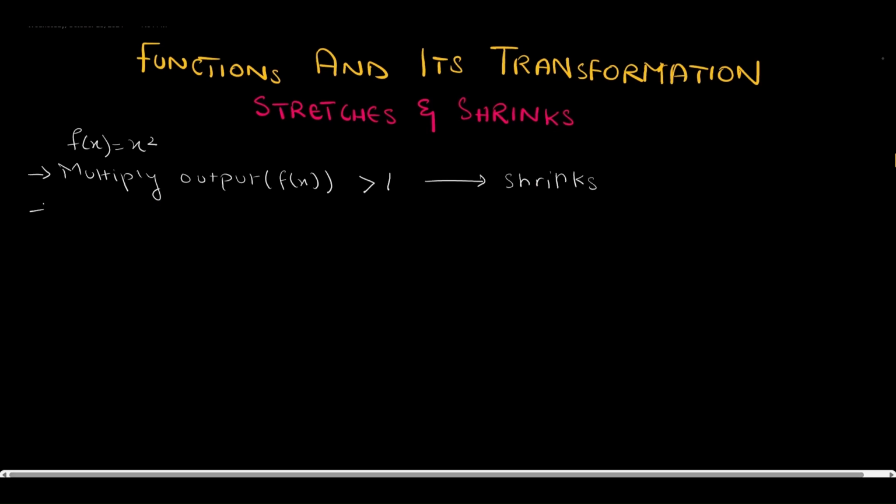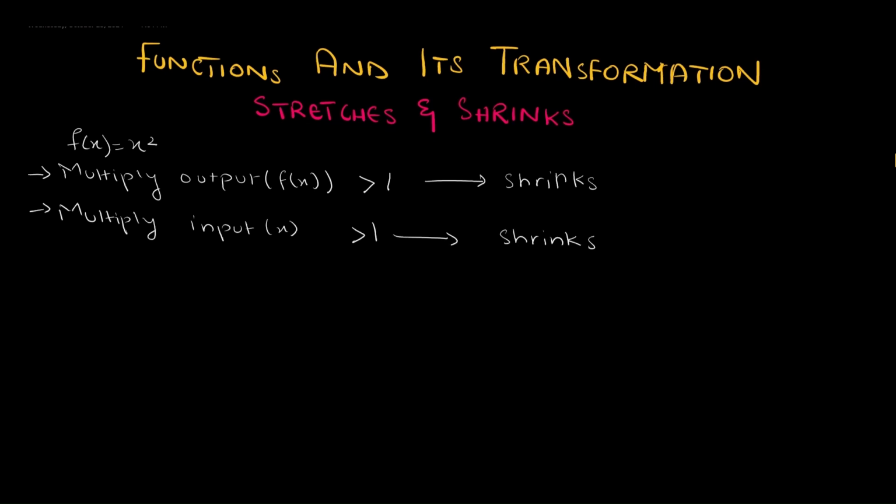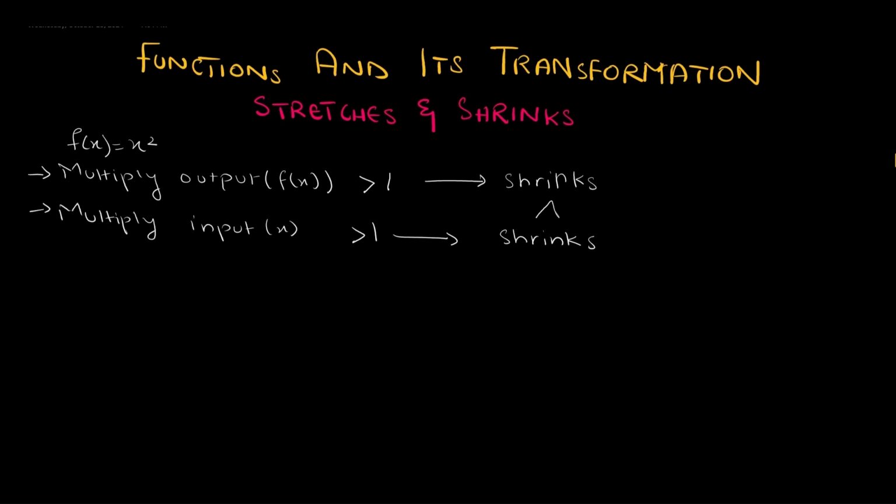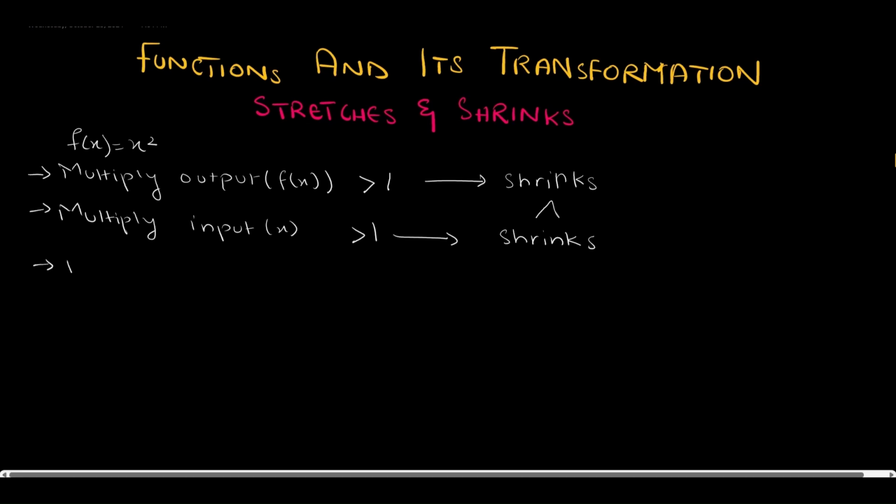And when we multiply the input of the function, which is actually x, by a number greater than 1, then it also shrinks. If we compare relatively, we saw that the shrink of the input was greater than the shrink of the output.